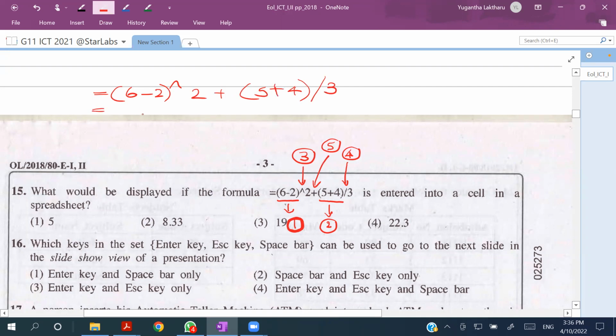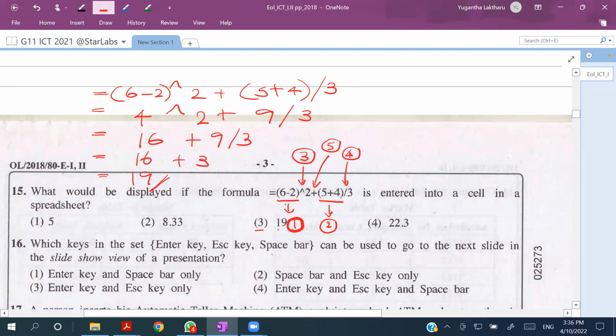So 6 minus 2 is 4, exponent 2, plus 5 plus 4 happens to be 9, divided by 3. Now 4 exponent 2 is going to happen, 16, plus 9 divided by 3. So 16 plus 3 is going to happen, and 19 is going to be the final answer. So the third one is going to be your answer.